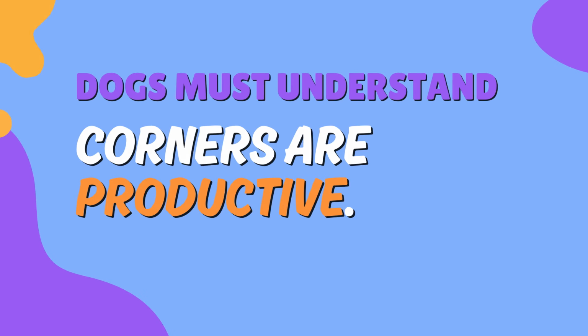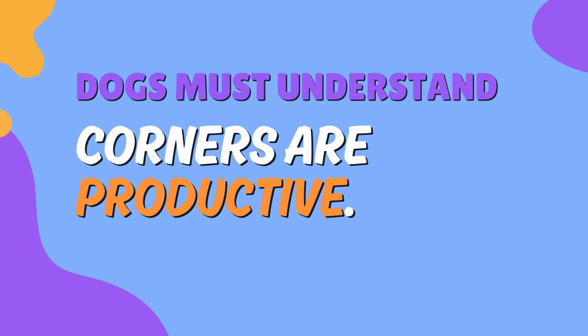The big thing I want everyone to think about is the importance of having our dogs understand that corners can absolutely be productive. Now, one of the ways that we can accomplish this is by setting hides within our corners, again, using these different types, external corners and internal corners.